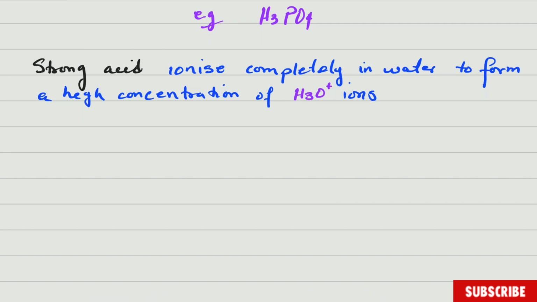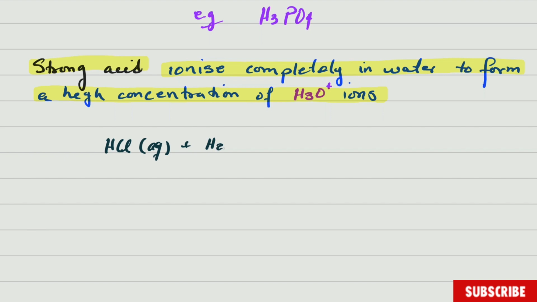Okay, so what is a strong acid? A strong acid is an acid that ionizes completely in water to form a high concentration of H3O+. So let's see one example. Let's say hydrochloric acid, HCl, which is aqueous. Hydrochloric acid aqueous is going to react with water.